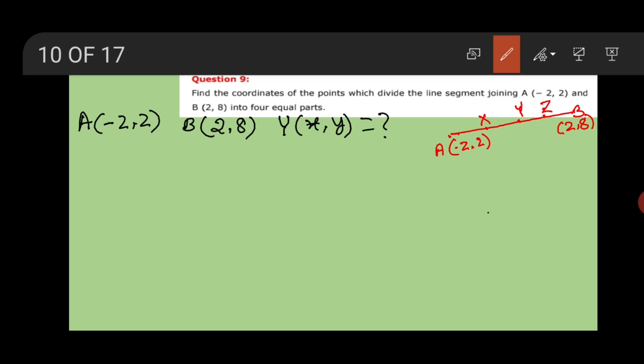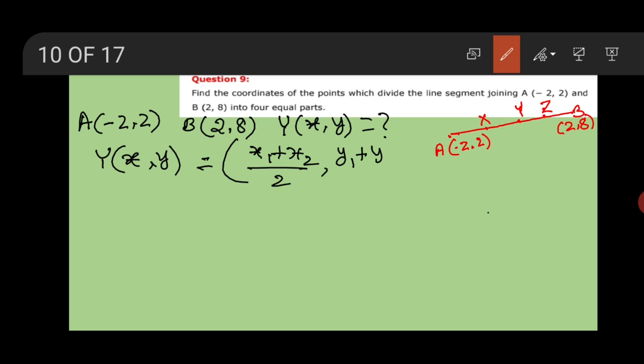Y is the midpoint of A and B, therefore use the midpoint formula. What does it say? (x1 plus x2) divided by 2 and (y1 plus y2) divided by 2.